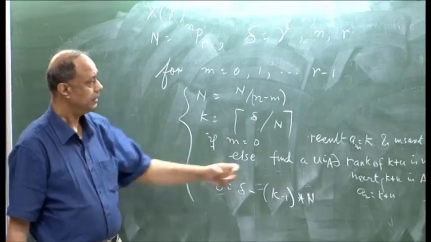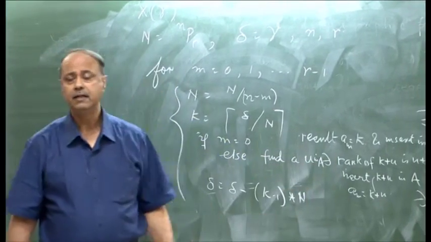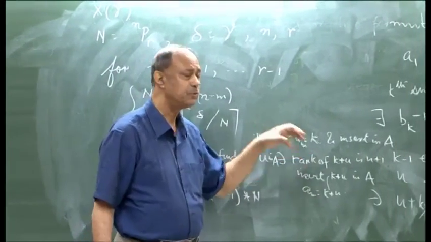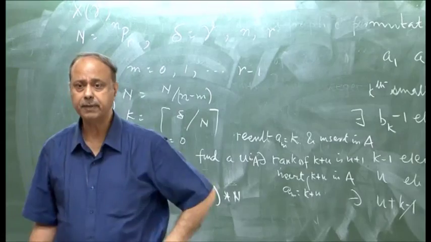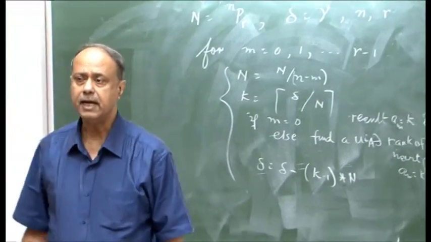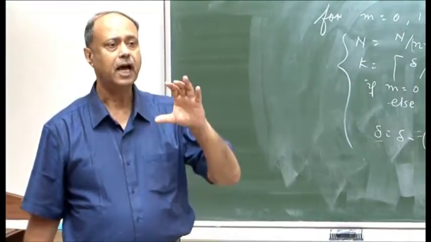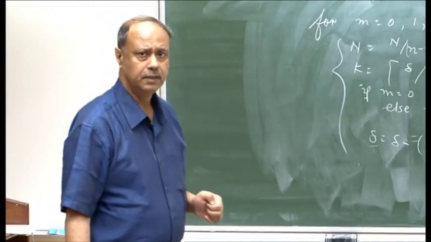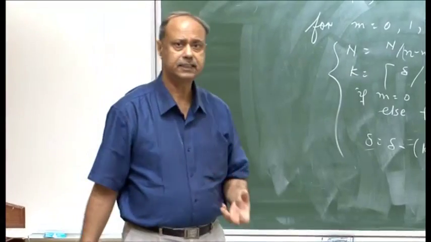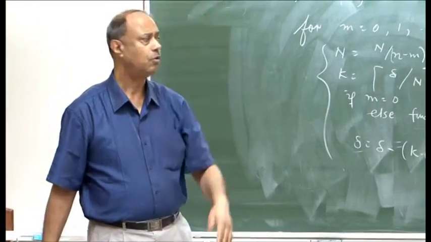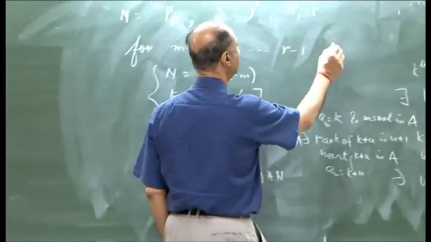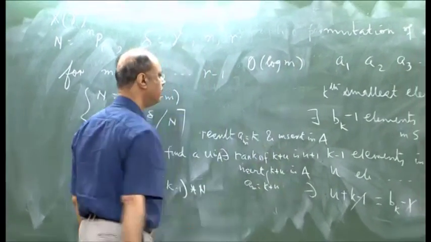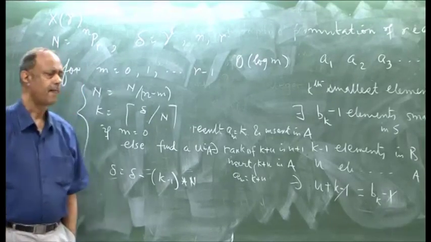And here you need the searching technique because you have to insert an element in a balanced binary tree. So at the mth iteration, the height of the balanced binary tree is order log m because m elements are there, actually log m minus 1, let us assume log m.